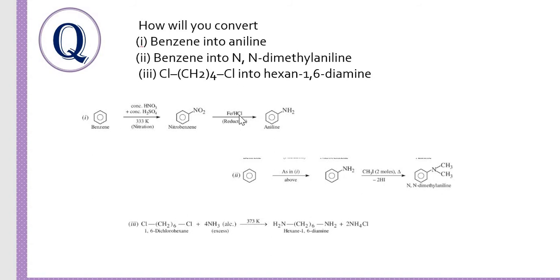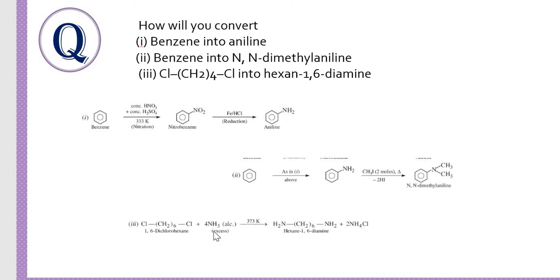In the second question we'll first do nitration and then we'll get aniline. We'll add 2 moles of RX and we'll get a tertiary amine. In the next question, we'll first add ethanolic NaCN. So we can introduce the CN group on both sides and then we can do reduction.